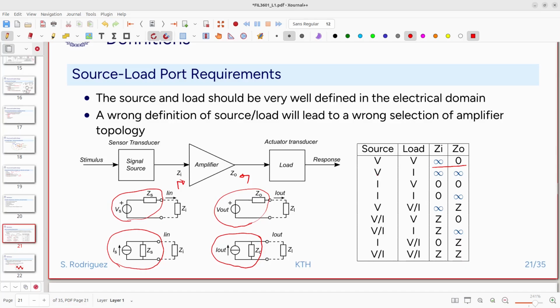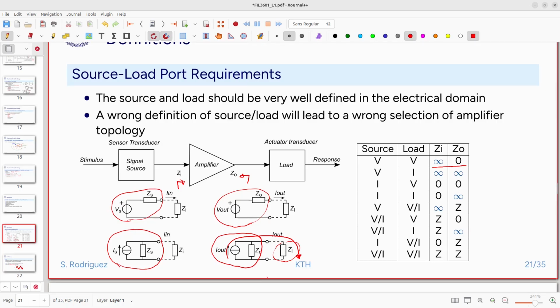We might have input voltage and output current instead, and that is when the load is very, very small. For instance, that will be this particular case. My output impedance of my amplifier is very high, and I expect to have a very little load, so that all the current flows to the load and not to the source.